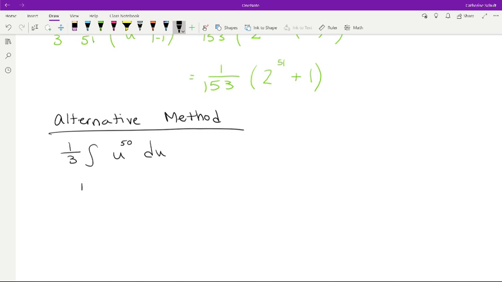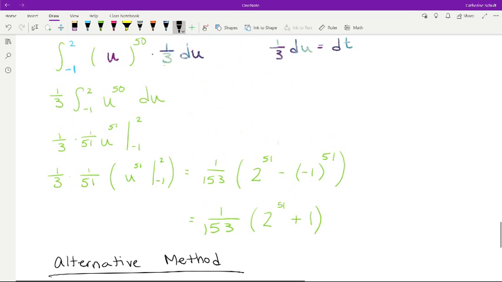Okay, so for instance, they would do 1/3. The integral of u to the 50 is this. We've discussed that already. And then at this point, the danger of this is forgetting to resubstitute. But at this point, we resubstitute. We do not have to do that in the example above, which is why I prefer using this method.